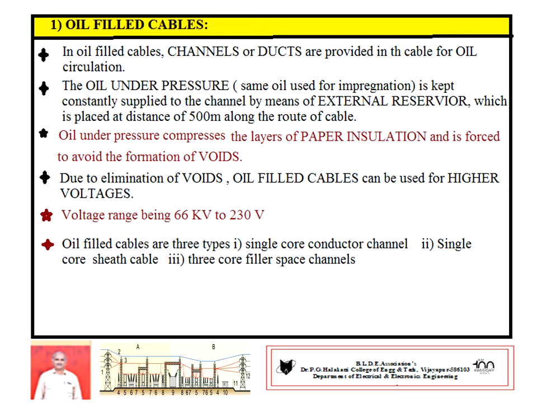Hence, the pressure is produced by the oil pressure action, and there is less chance of formation of voids. Hence, there is an increase in the dielectric strength of the cable. Such cables are used from 66 kV to 230 kV.